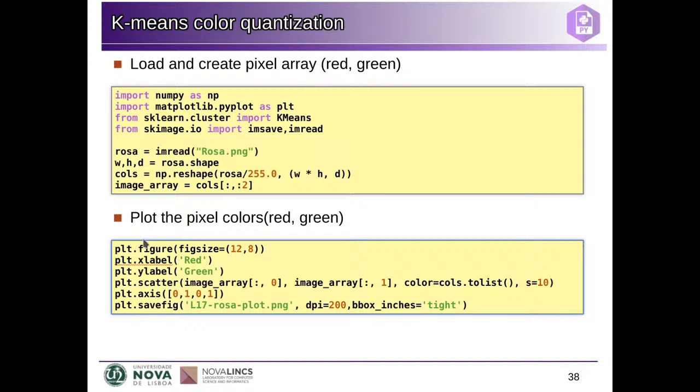And now we can plot this. So basically I create the figure, the 2 axes, red and green. I plot all the coordinates of the colors of all the pixels. So the first coordinate is red, the second coordinate is green.